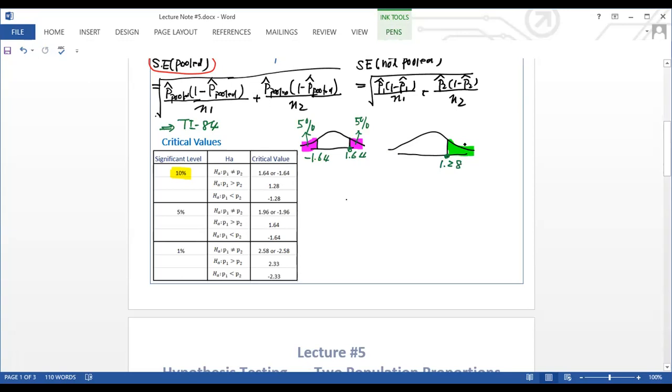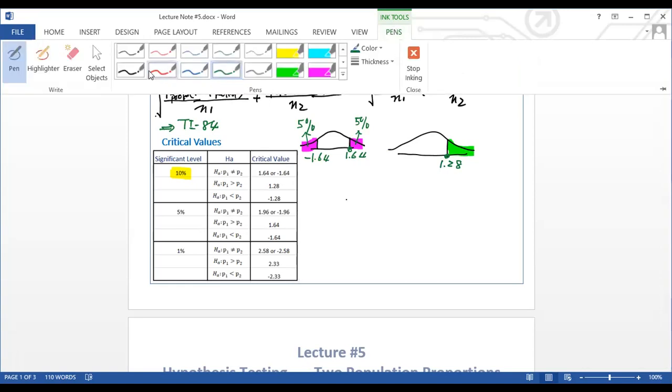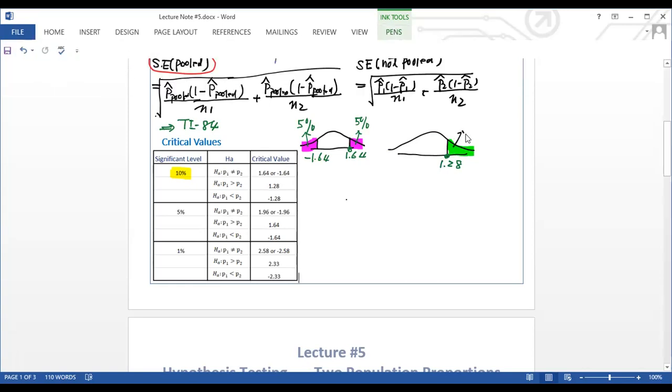Everything in the shaded region is what we call the rejection region, so then you will reject. The same thing here, this is the rejection region. Because this is one tail, what is the percent here? It's 10%. It takes the whole 10%.